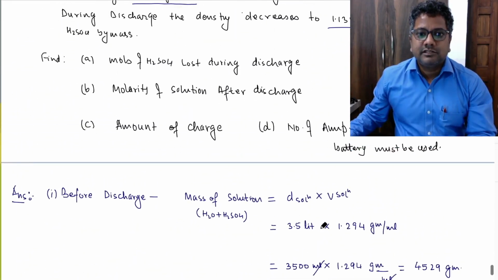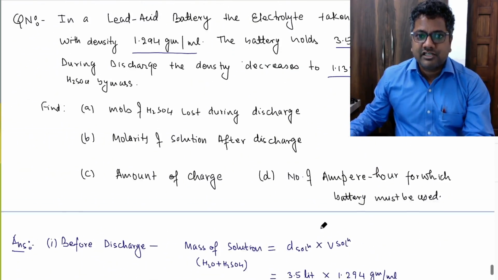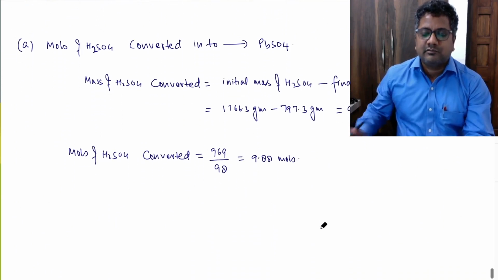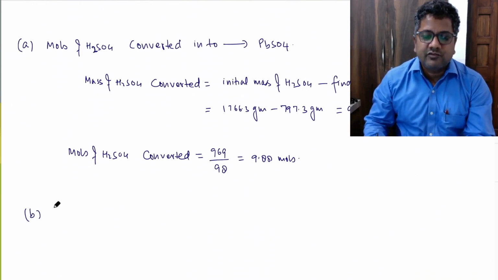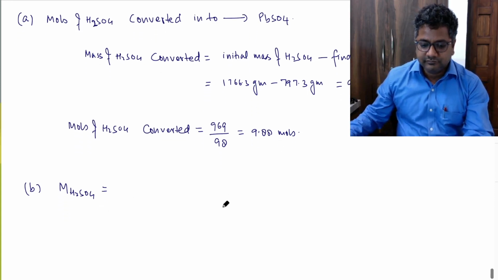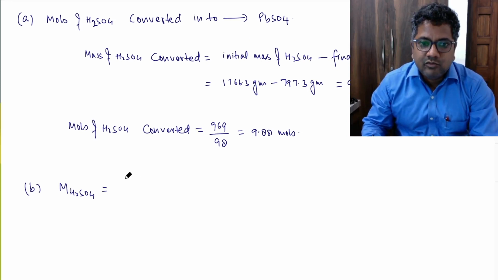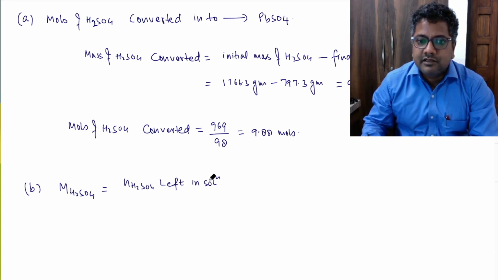Now the molarity of the solution after discharge. So molarity with respect to H2SO4 is equal to moles of H2SO4 left in the solution, divided by volume in liters. This is the formula, right?